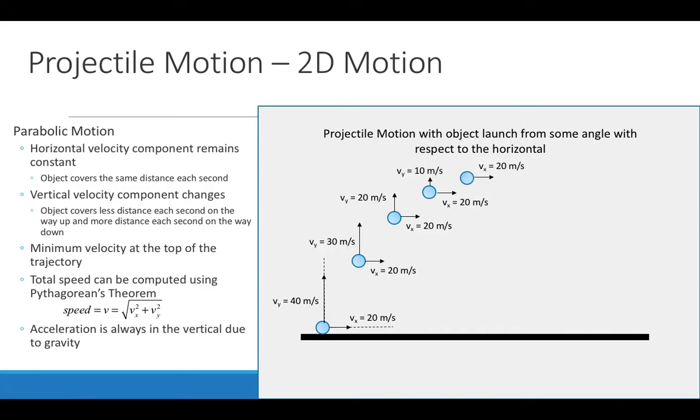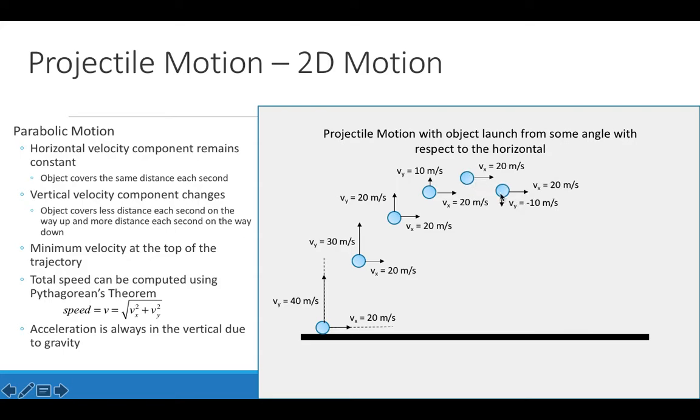And hopefully one of the things that you'll recall from the other videos is that when you shoot an object straight up into the air, its velocity after 1 second was 30, and then 20, and 10, and then it was 0. And so it's behaving exactly the way it would have in the vertical direction if you had just thrown it vertically. Now we can look at the motion as the object begins to fall back down.